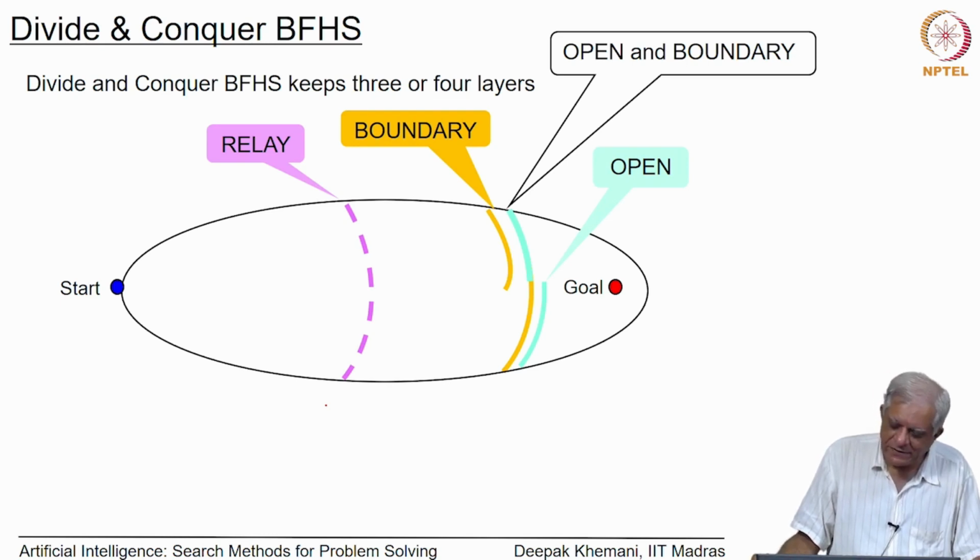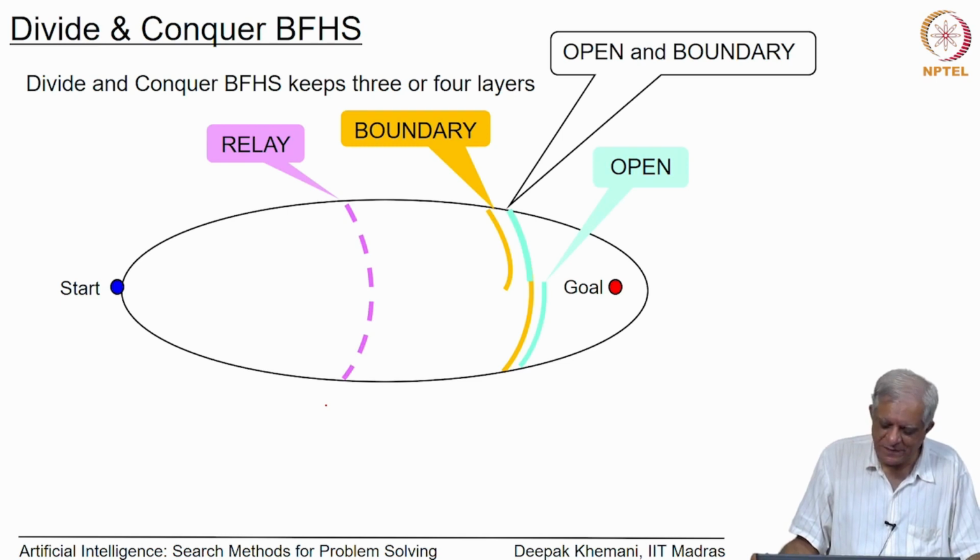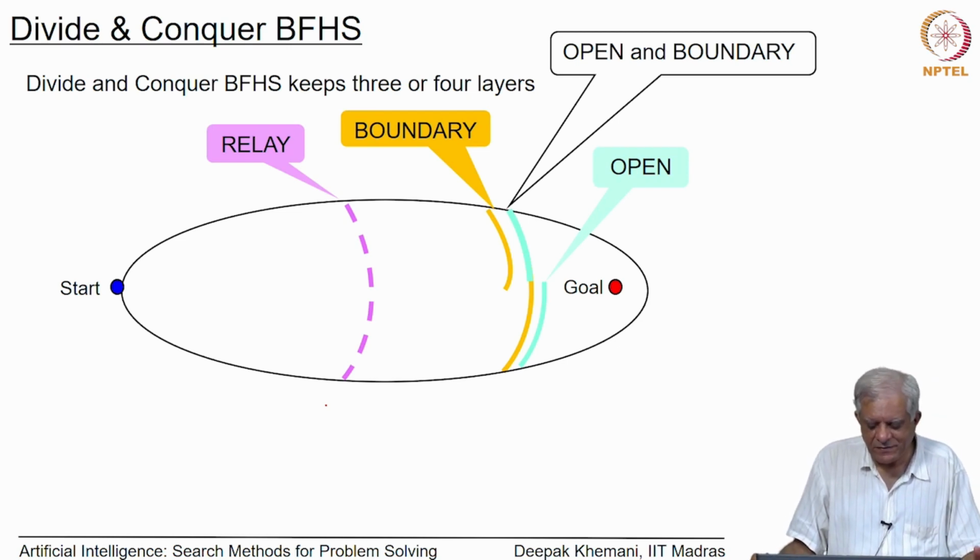The idea of breadth first heuristic search came from pruning open. If we combine both the aspects, then we do not have to keep the entire closed list for breadth first heuristic search. We keep only a boundary layer and a relay layer, like we did for the earlier algorithms that we saw, but of course, at the expense of having to reconstruct the path again and again.